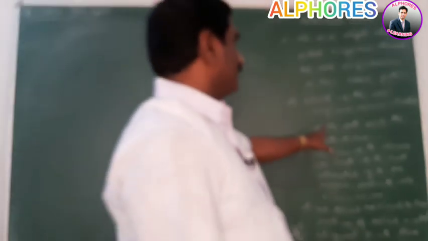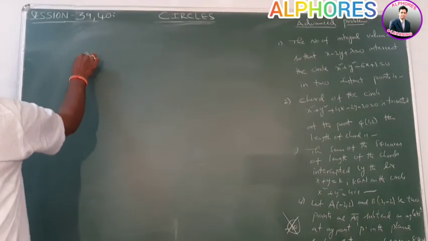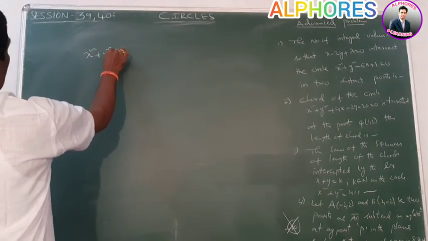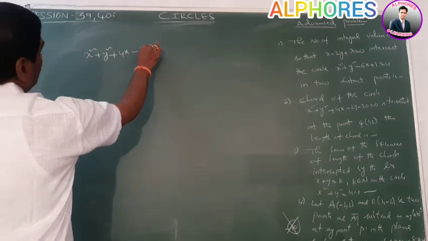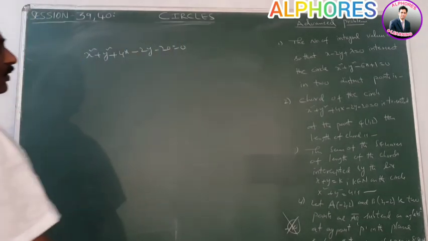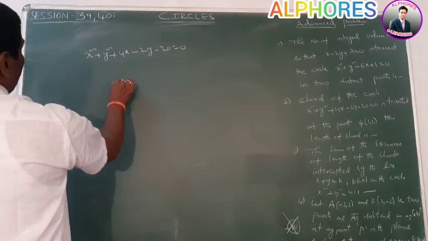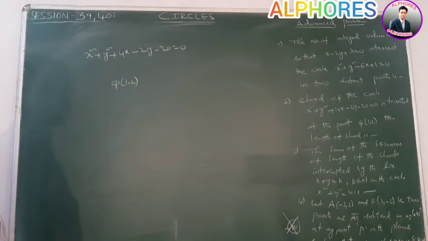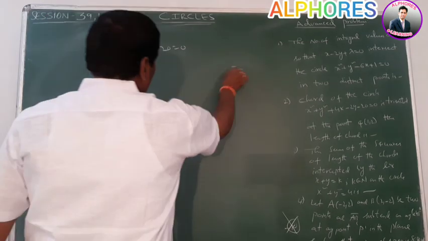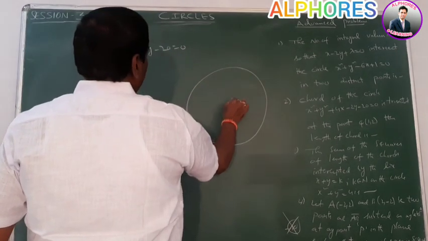A chord of the circle x square plus y square plus 4x minus 2y minus 20 is equal to 0 is trisected at the point Q(1, 2). Suppose it is the circle. C is the center of the circle.